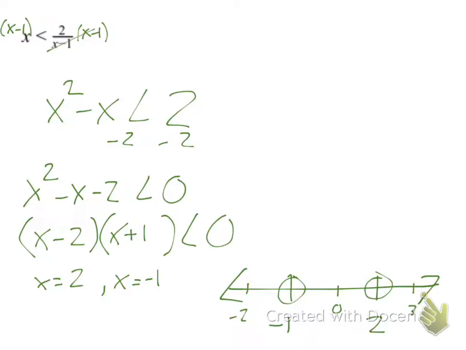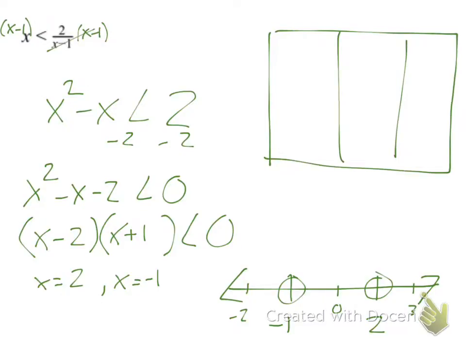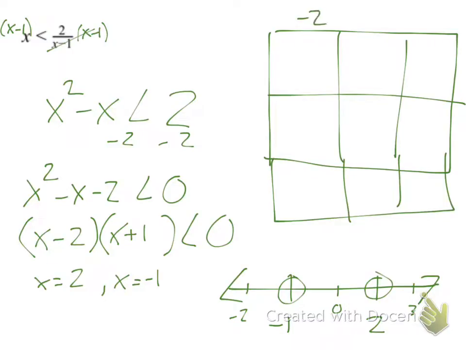Okay. So let's make a table. I'm going to put -2, 0, and 3 in to our factors of x minus 2, x plus 1.